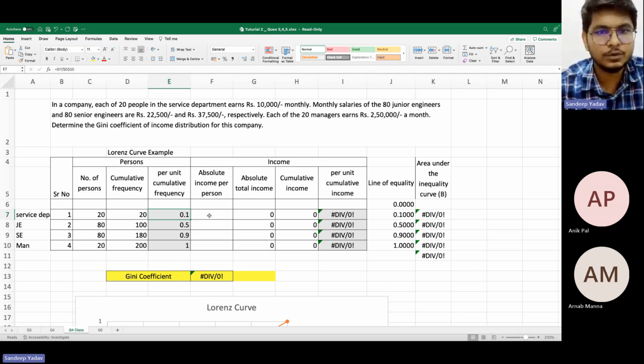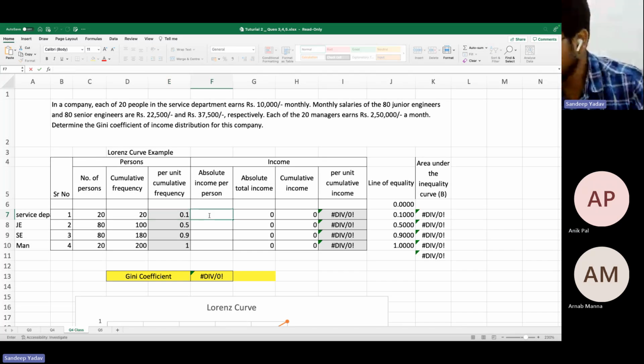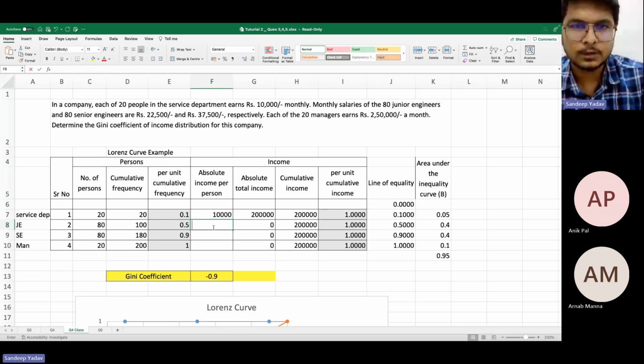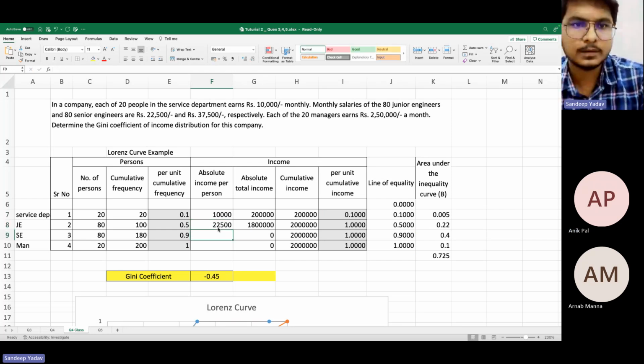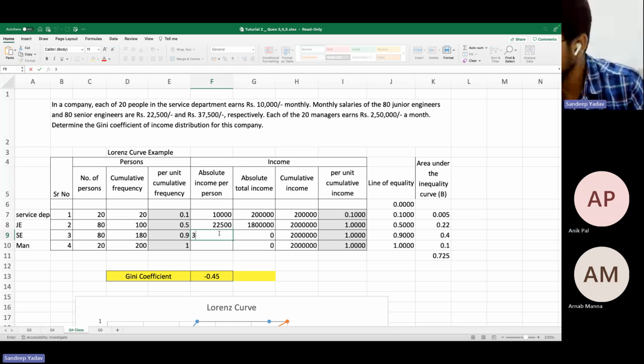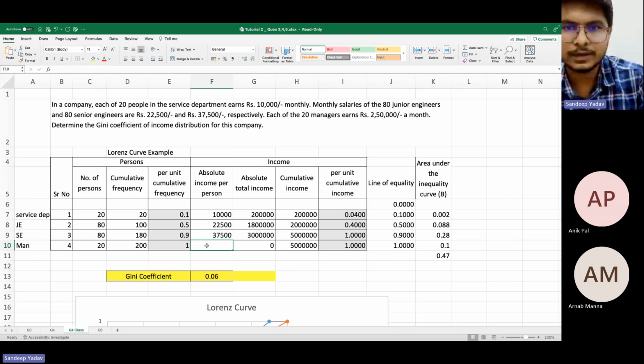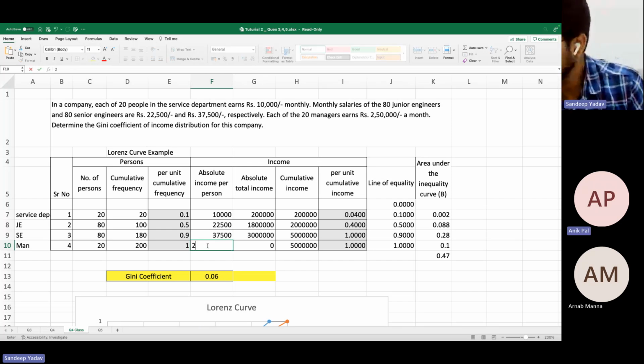Now we are given the absolute income. Absolute income was given as 10,000, 22,500, 37,500, and 2,50,000.